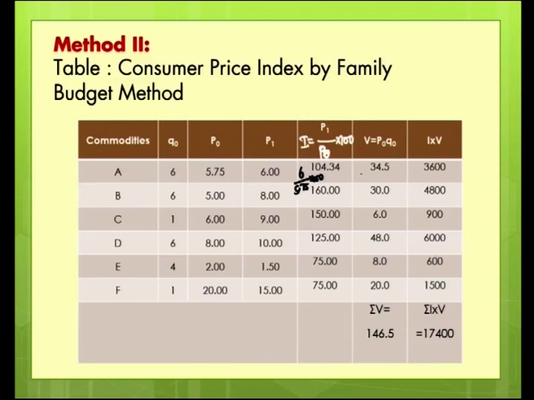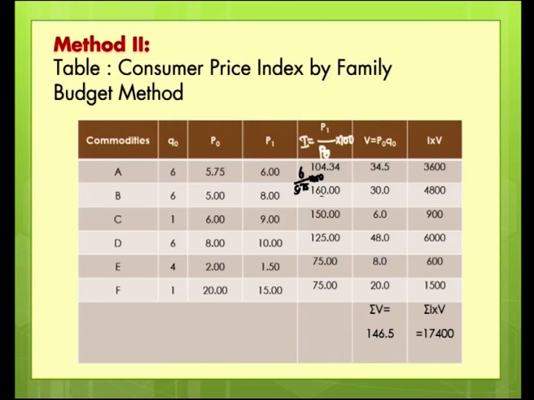So, it is a relative value. Then value is calculated, V is equal to P naught Q naught, that is 5.75 into 6 gives you 34.5. Then I into V, 104.34 into 34.5 is 3600. Likewise, the values are calculated. Similarly, for the commodity B, it is 8 by 5 into 100 is the I value and P naught Q naught is 5 into 6 is 30.